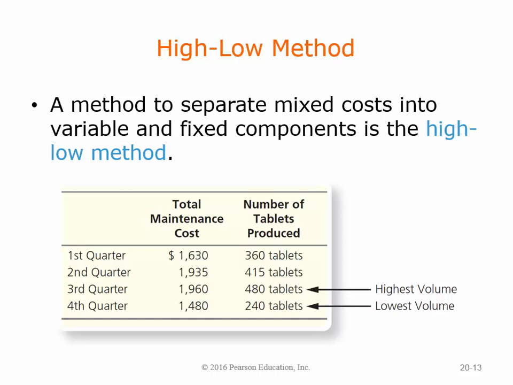All right. So if we're going to try to figure out what portion of our mixed costs are fixed and what portion of them are variable, then we can use a method called the high-low method. It's pretty easy. You probably learned something like it in high school algebra or maybe 8th grade. But here's what we do.